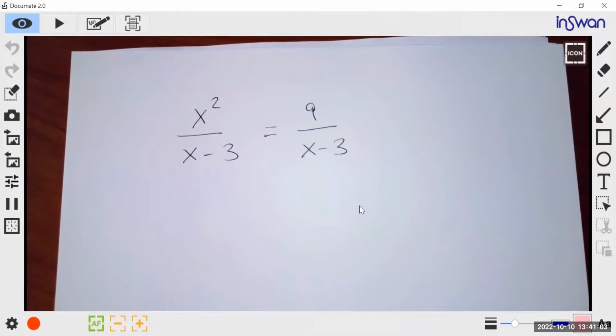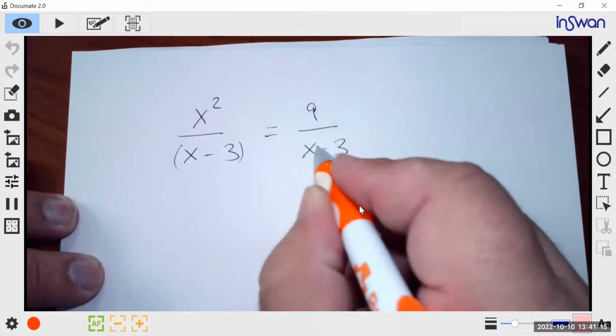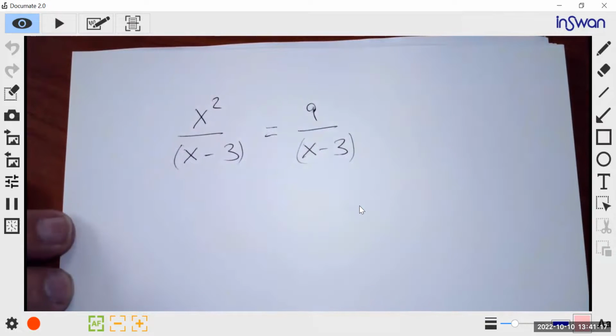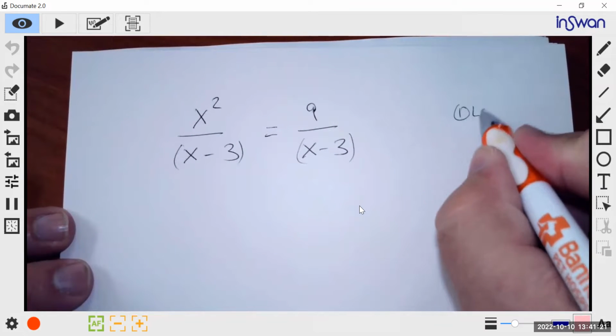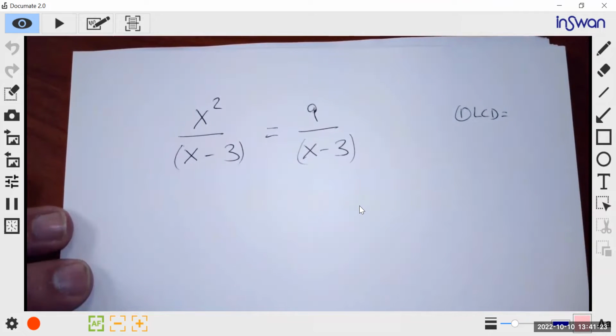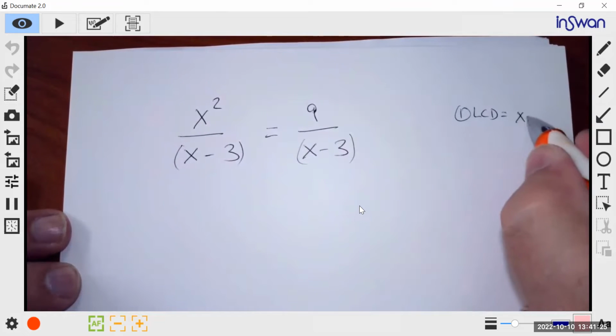X squared divided by X minus 3 equals 9 over X minus 3. Same process. Do we have fractions? Yes. Do we have equal signs? Yes. So what's my LCD? X minus 3.